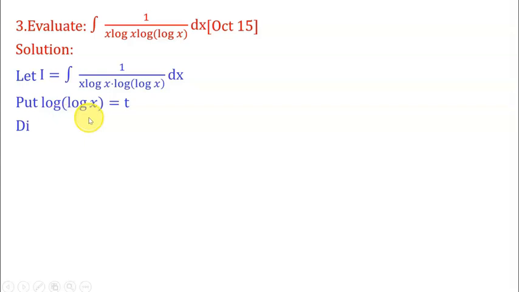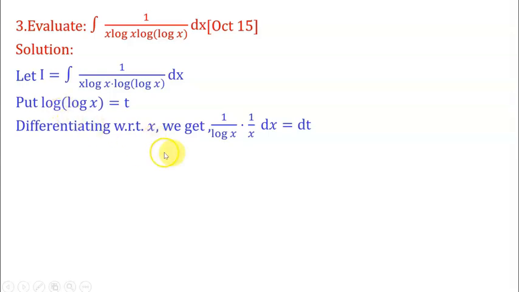See here, log of x is t, therefore differentiating with respect to x. What is the derivative of log x? It is 1 upon x into dx, and that equals dt.